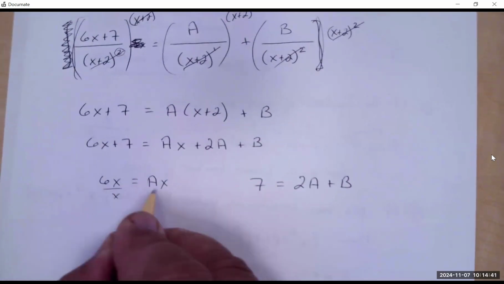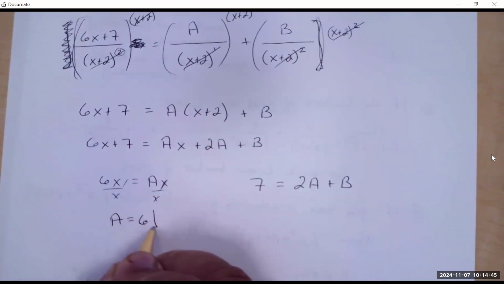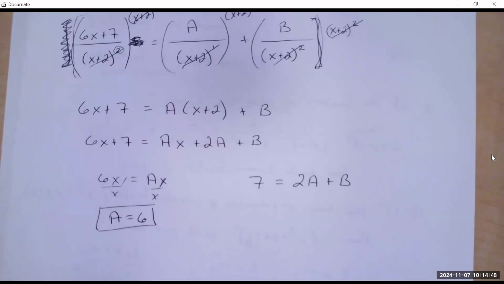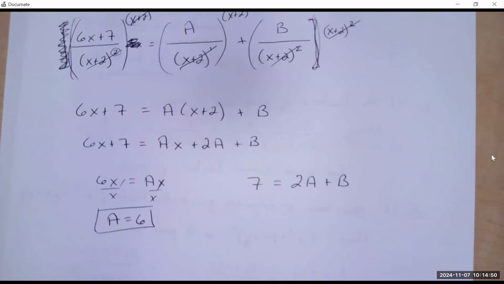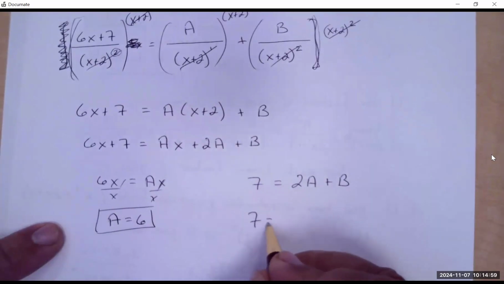So divide by x on both sides. We know that a is equal to 6. Since we know a equals 6, we can now solve for b.